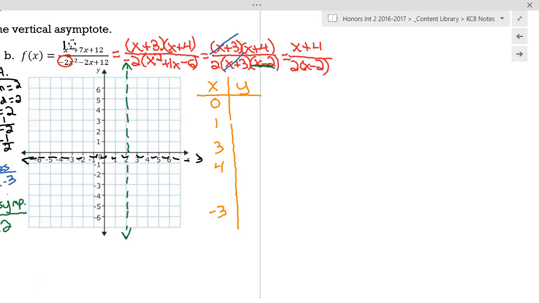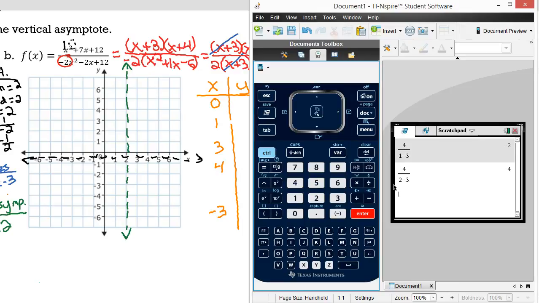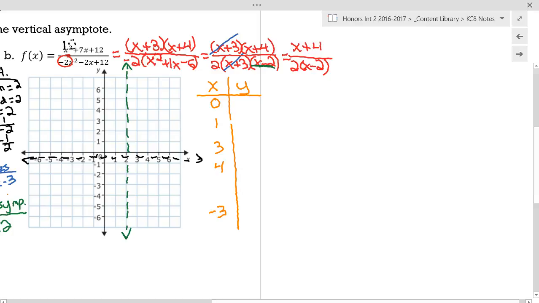So, on my calculator, I'm going to use control division. X plus 4, well, x is 0, so 0 plus 4 over negative 2 times x minus 2, 0 minus 2. So we get negative 1.